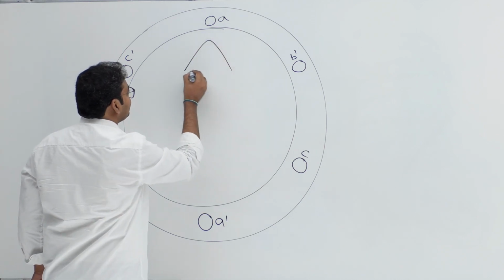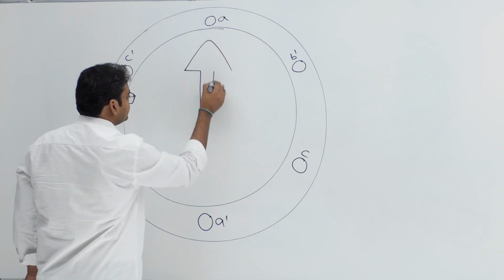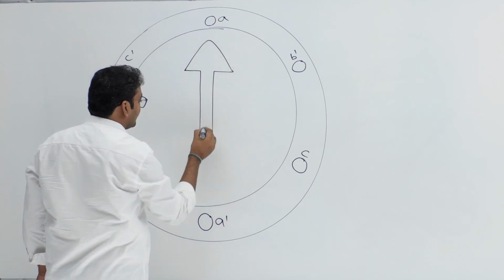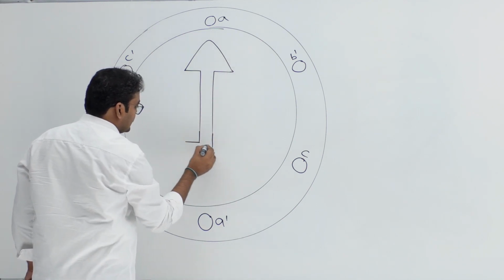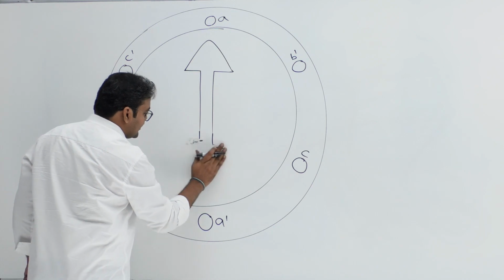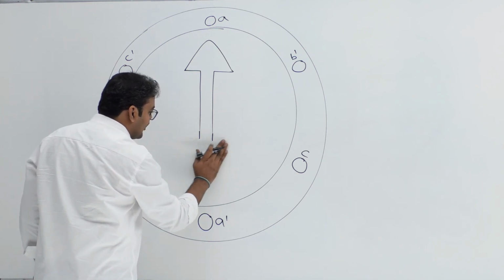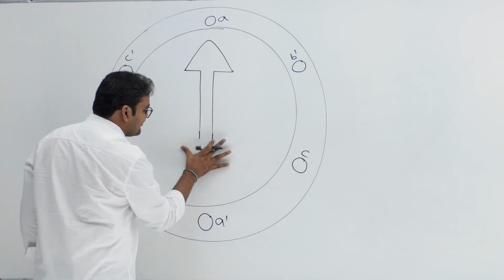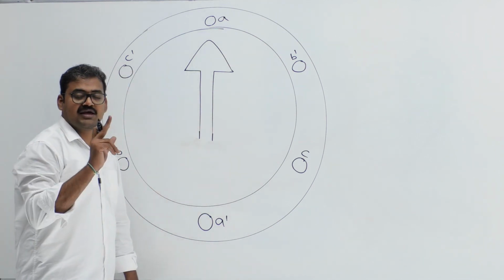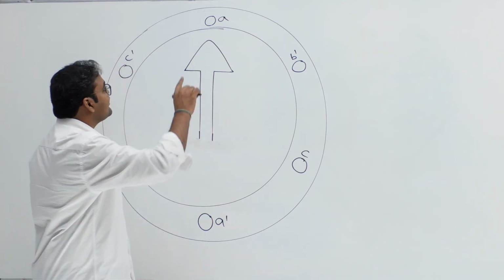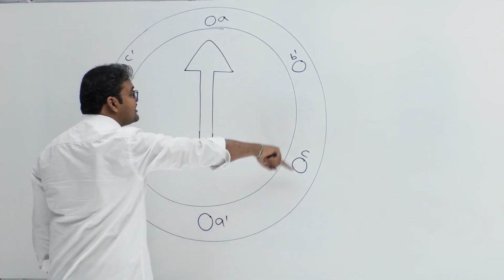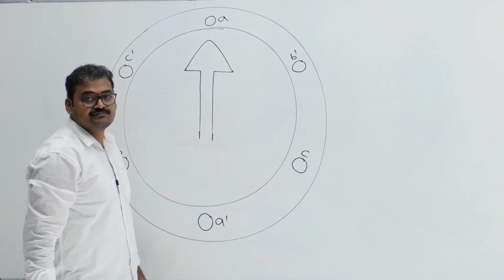Assume this is the rotor we have. I am selecting a 2-pole rotor. Remember one point, everybody: I already explained there is a relation between mechanical angle and electrical angle. Whatever you are seeing physically on the machine is the mechanical angle.